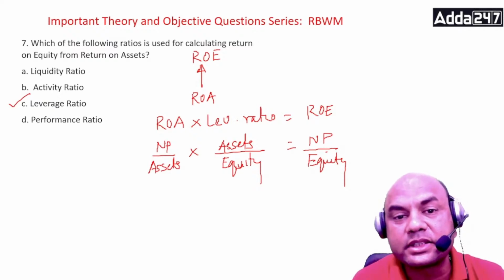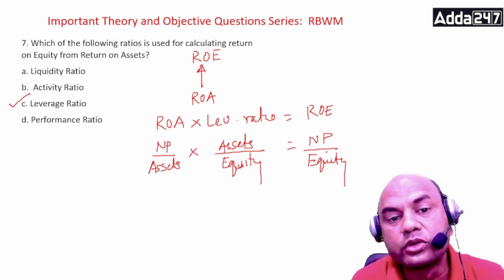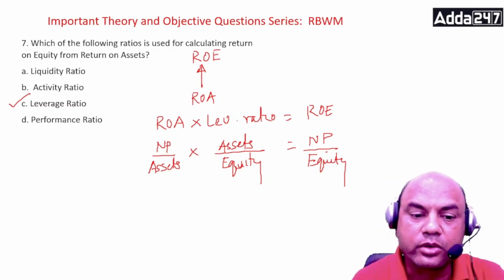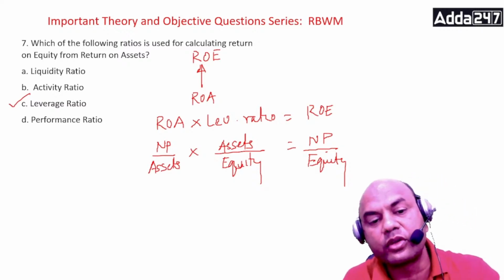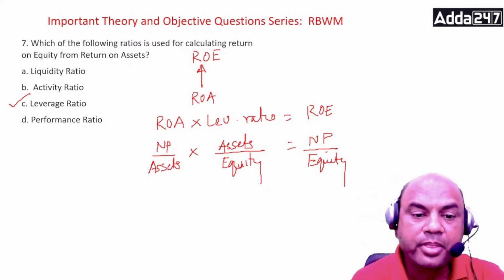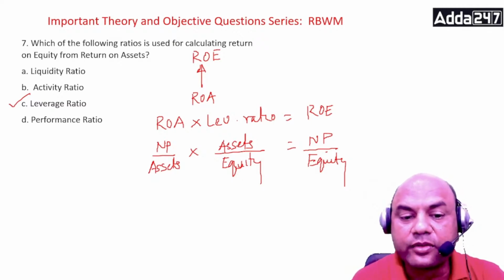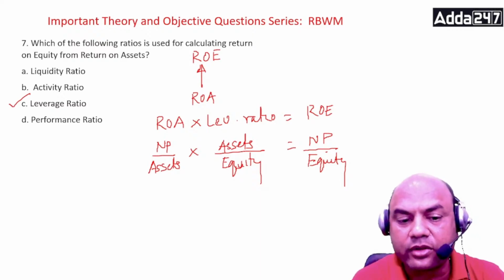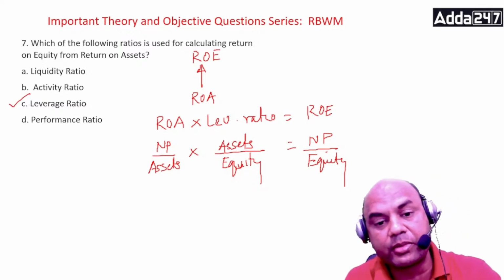It means how much assets do I have with respect to my capital? How much loans do I give maximum with respect to my capital? So that's why we get this ROE and ROA. These formulas you have to remember by heart. ROA equals net profit upon average assets, leverage equals average assets upon equity, and ROE equals net profit upon equity. Got it? You have to remember this by heart.